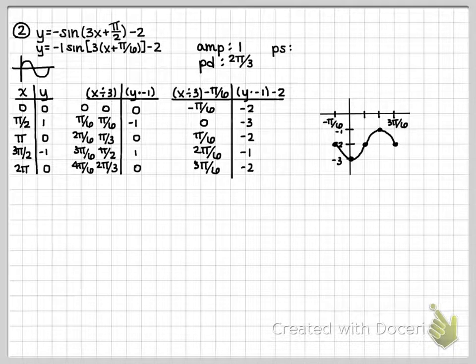Well, if I take a look at the graph, I'm going back to the graph this time, normally I would start at 0 on the x-axis, but this time it looks like I'm starting at -π/6. So that means that I went left π/6. And then my vertical shift. Vertical shift can be a little bit harder to see on the graph. So with vertical shift, what you want to do is take a look at that middle line, your equilibrium basically.